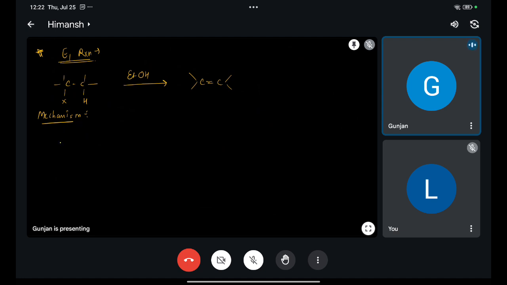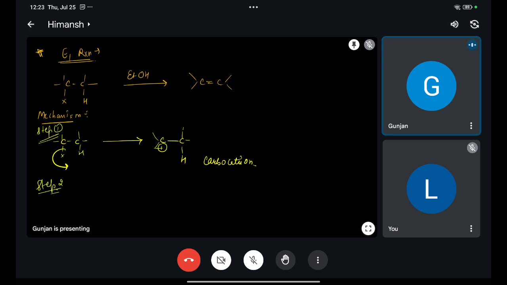So the mechanism is like this: first of all we will get a carbocation by the removal of this X. This is step 1. We are getting a carbocation.